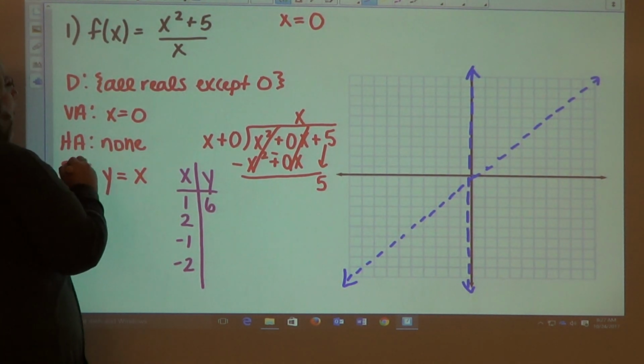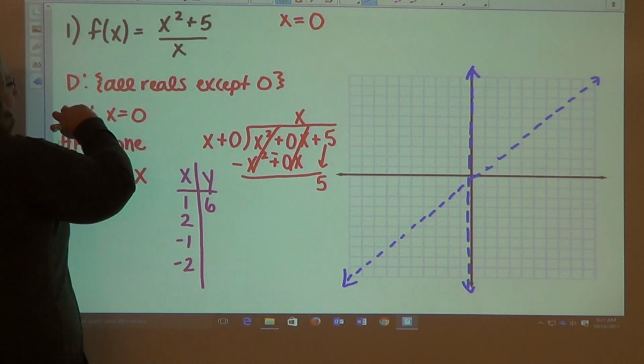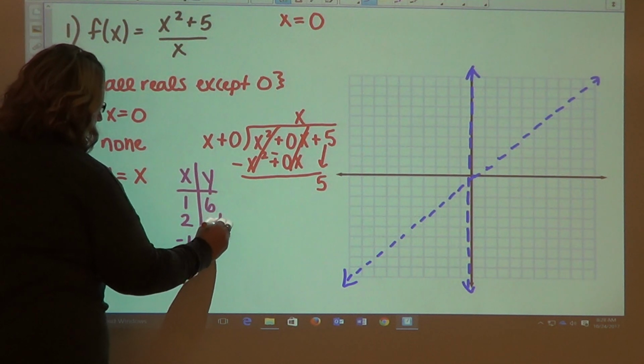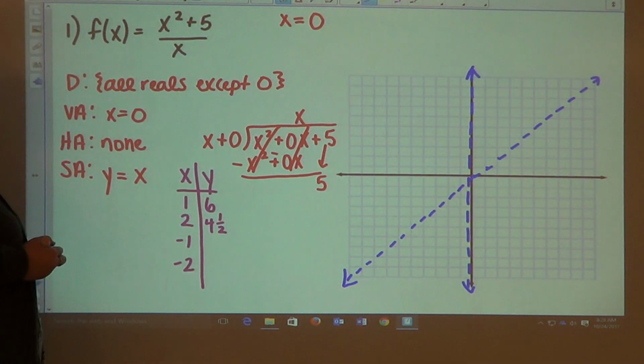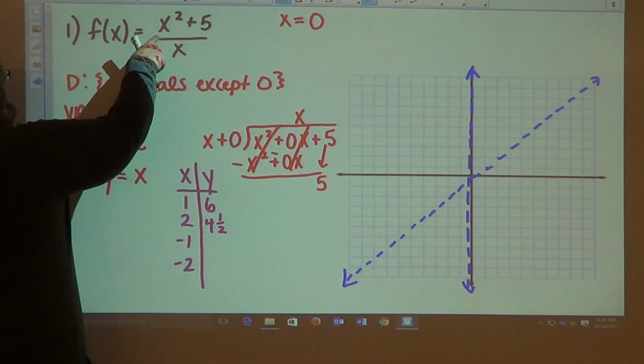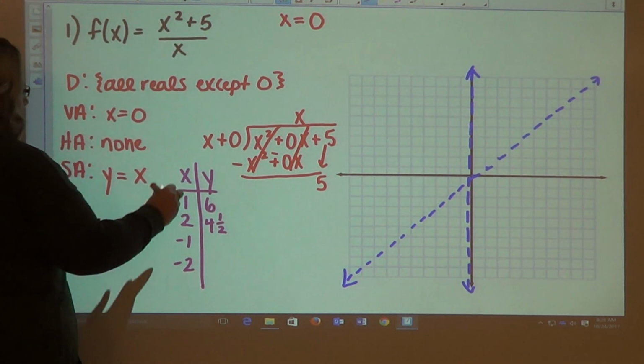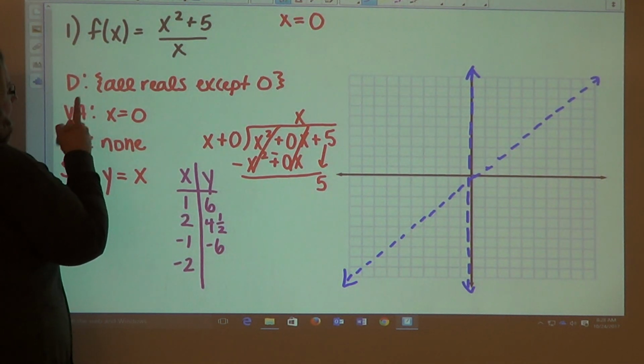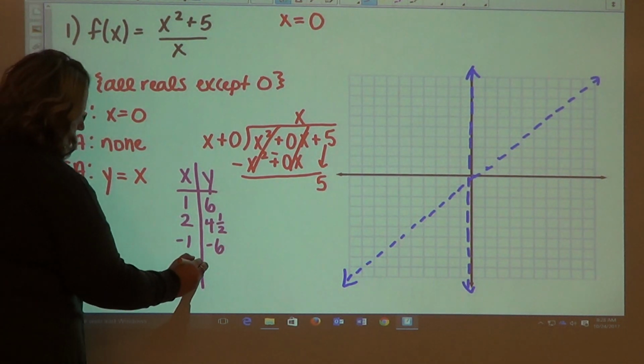Then I plug in 2, that'd be 4, so I get 9 on top divided by 2, which is 9/2, the same thing as 4.5. When I put in -1, I get 6 on top divided by -1, so -6. And when I put in -2, I get 9 on top divided by -2, which is -4.5.